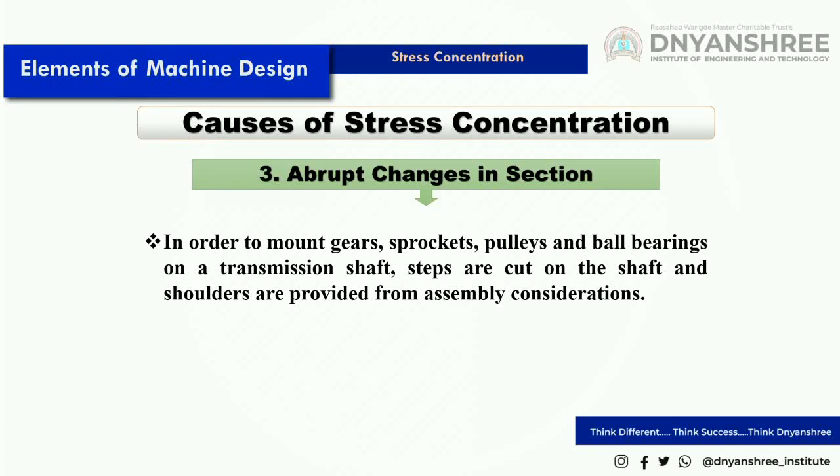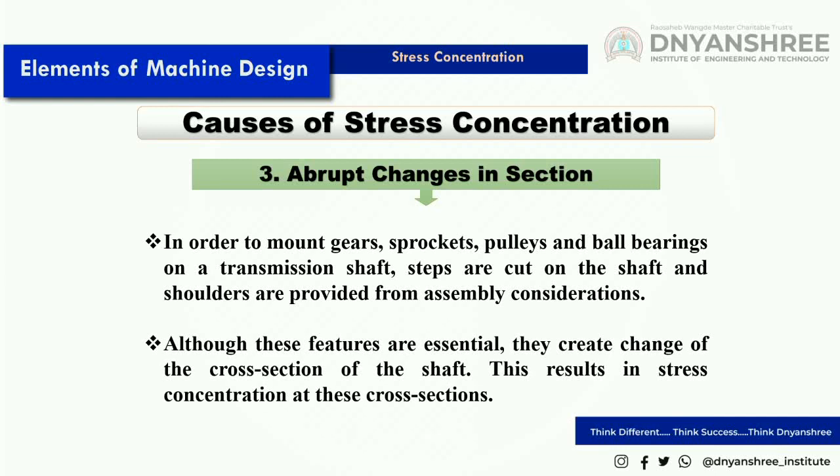Although these features are essential, they create a change of the cross section of the shaft. This results in stress concentration at this cross section. So where there is stress concentration, failure of material takes place at that section.